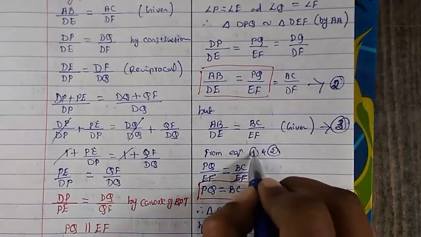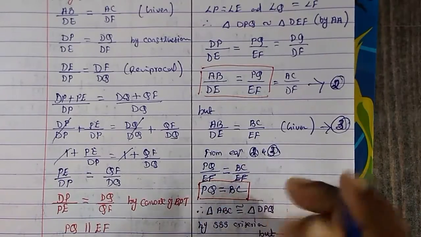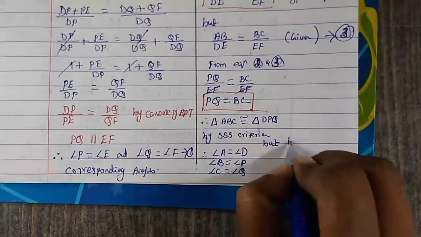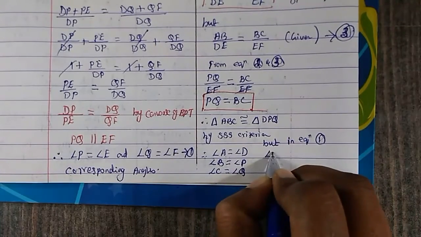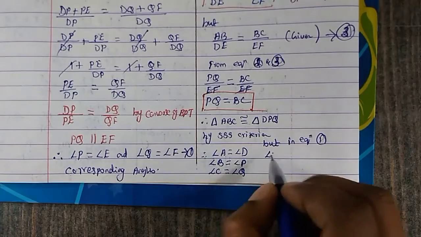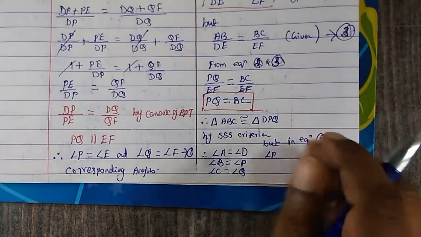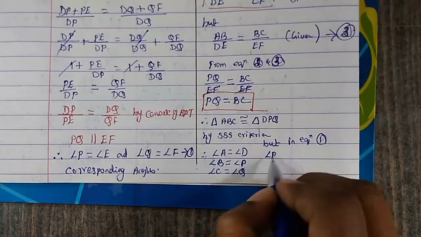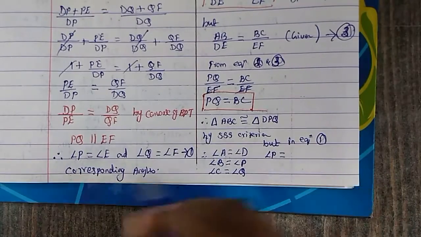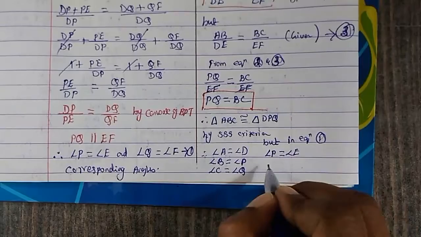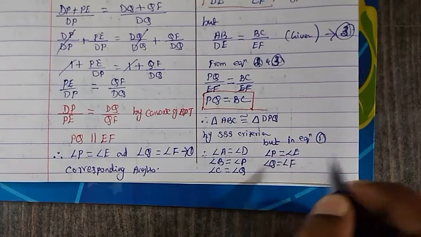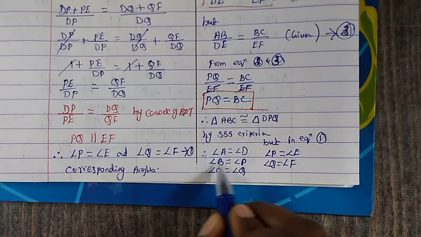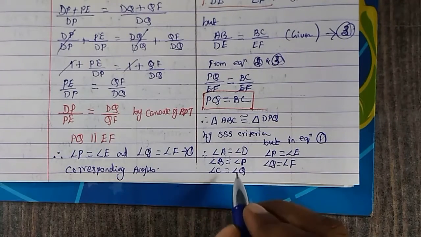In equation 1 we have angle A is equal to angle D. Angle P is equal to angle E and angle Q is equal to angle F. So you see P is equal to B here, P is equal to E. Q is equal to F here, Q is equal to C.